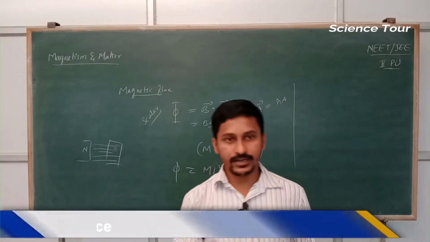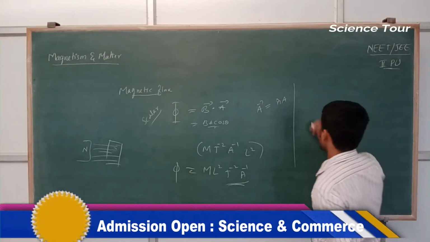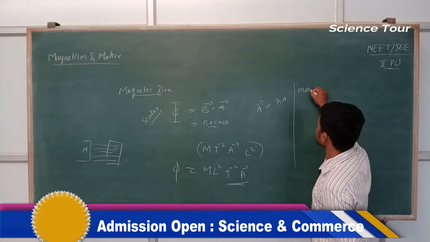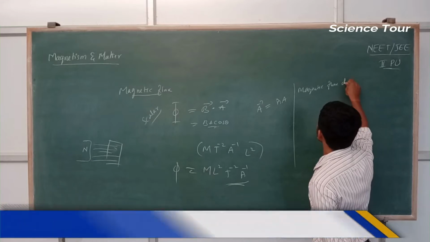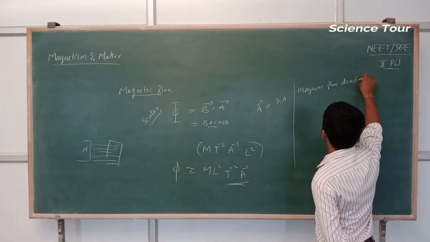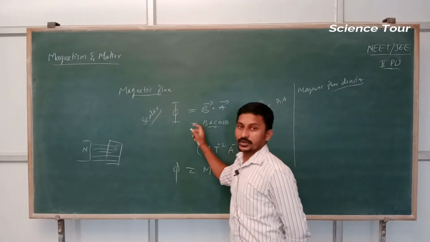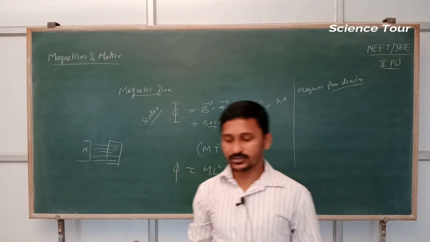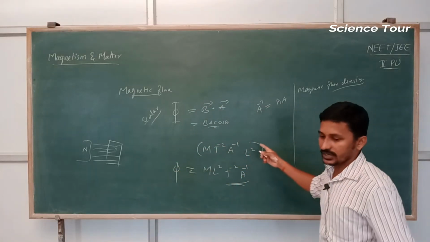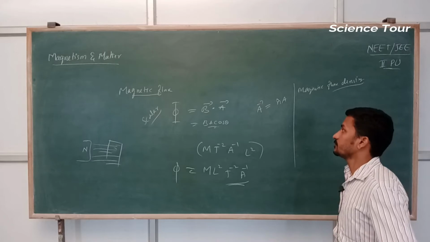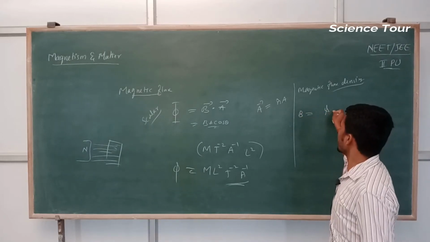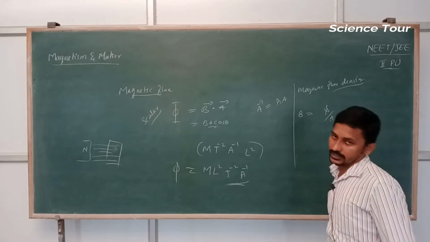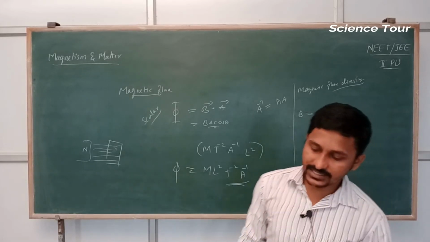Now what do you mean by magnetic flux density? It tells how many field lines are passing per unit area. More flux means more magnetic field, less flux means less magnetic field.